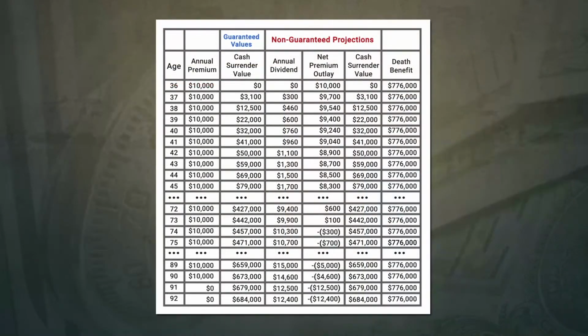Now, drawing your attention to age 92 here, notice that the cash surrender value has continued to grow, and in fact, it's up to $684,000 by age 92.